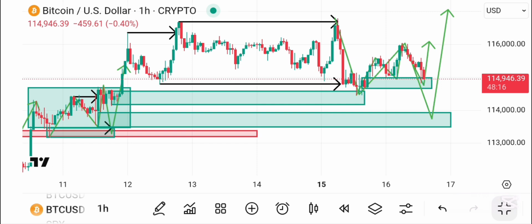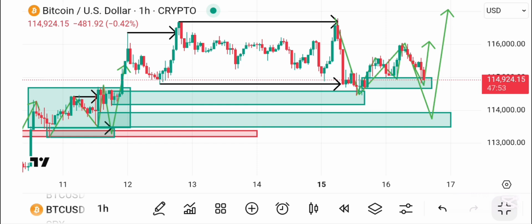In trading, the supply and demand zone is a key price area on a chart where buying or selling pressure has previously been strong enough to reverse or pause price movements. Traders use these zones to identify potential turning points in the market.